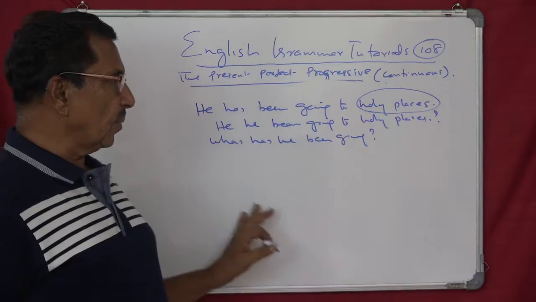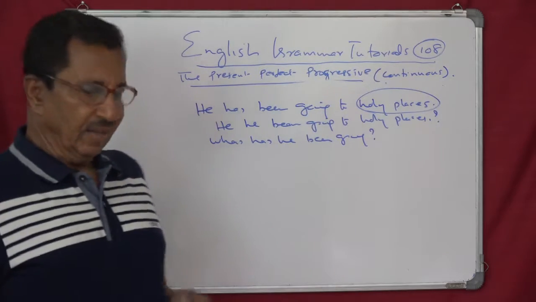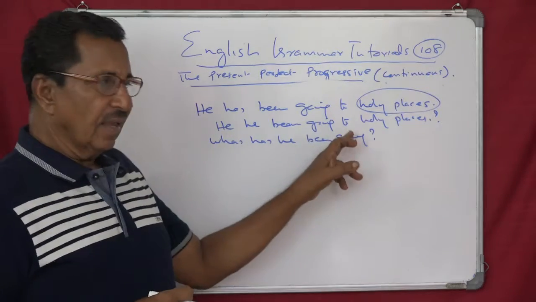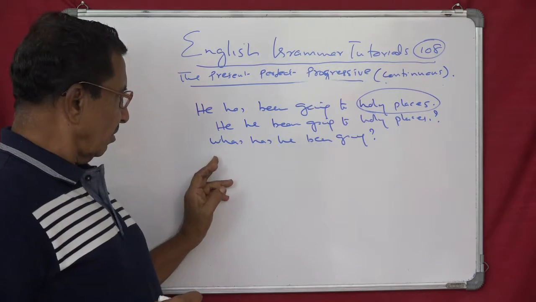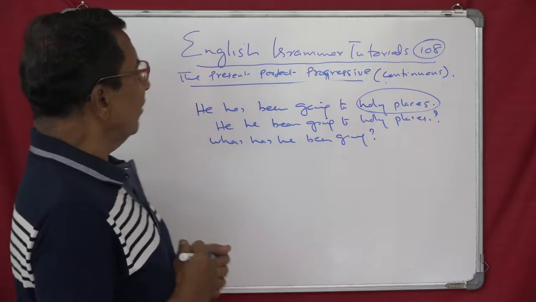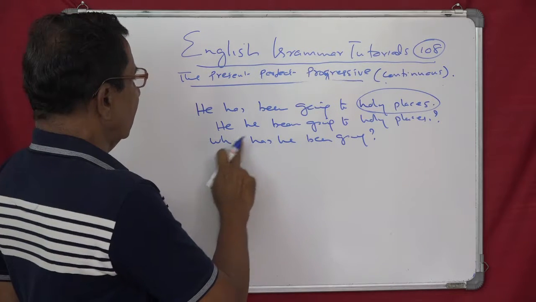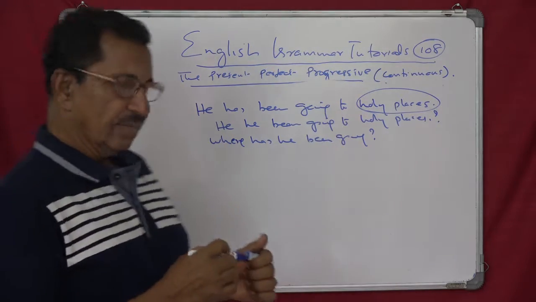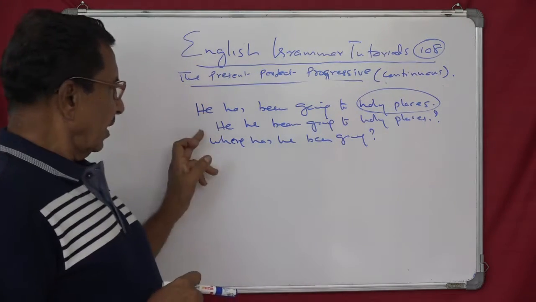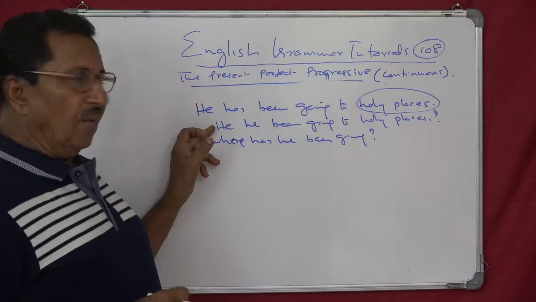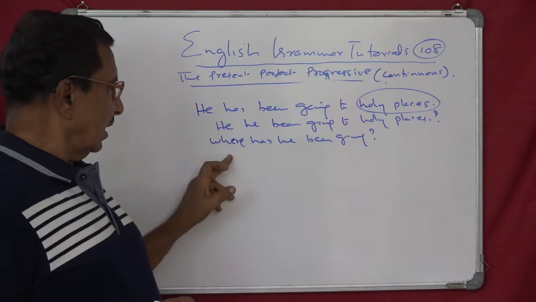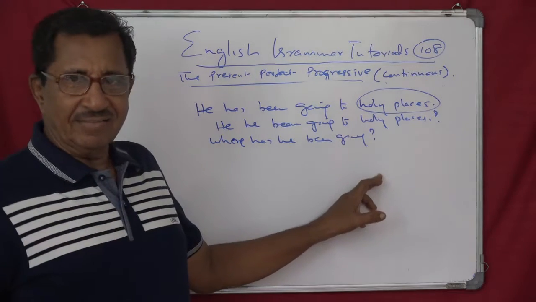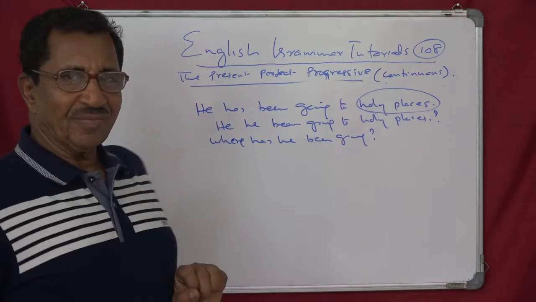He has been going to places of pilgrimage. So you can see now, he has been going, has he been going, then where? Where has he been going? So see how the yes or no and the WH are related, and the statement also.